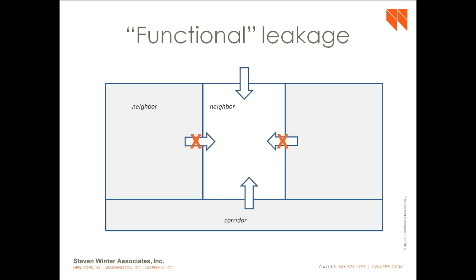So some of the leakage that is accounted for in a blower door test is not actually functioning as a leak in normal operation. So really, functional leakage is limited to those surfaces that have a pressure difference during normal building operation.